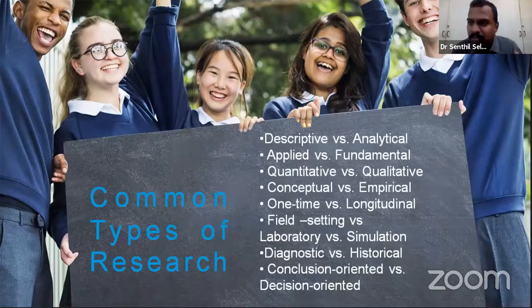It is just observational. What you are seeing there, it doesn't depend upon it. It doesn't have any effect over the cause. You entirely depend upon what is happening now. It is descriptive. Okay. So if you want to observe a patient for his gait or for his posture, then it is purely descriptive, because it is more on observation.